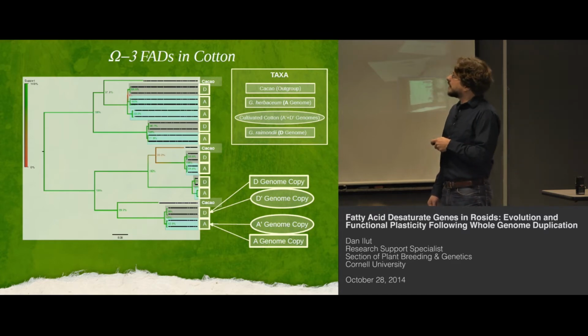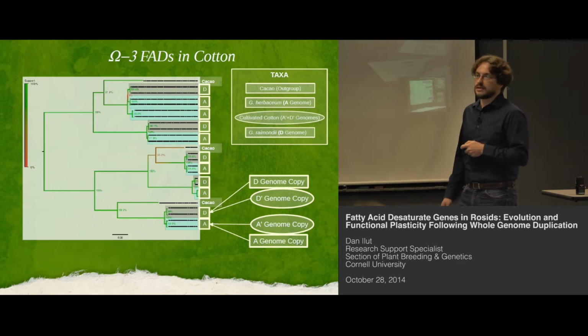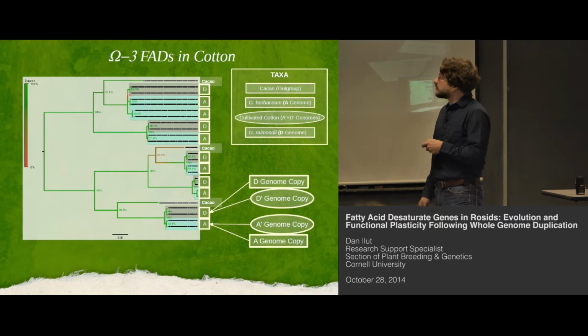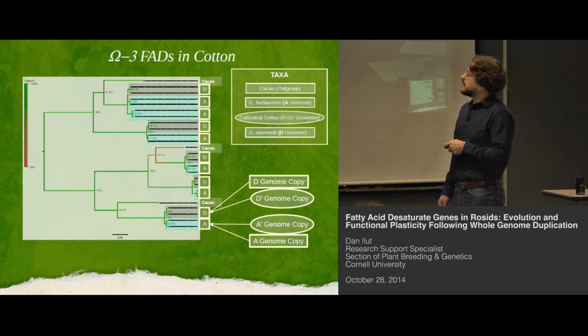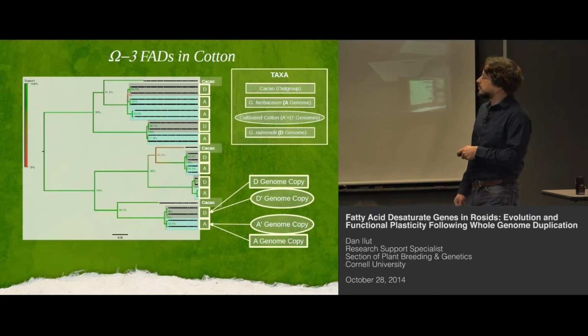We have the A genome wild relative, the D genome wild relative, and then the cultivated cotton, which is a combination of both, but diverged for a couple million years from the wild relatives. And what we can see here is that for every one of the gene pairs, the D genome and the D prime genome from the polyploid, I'll use this as an example, grouped together.